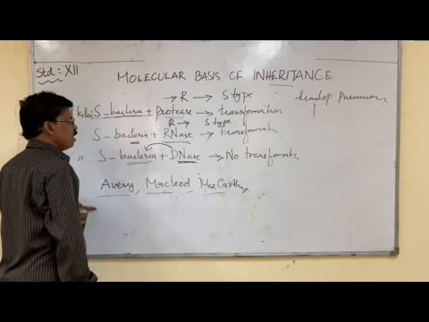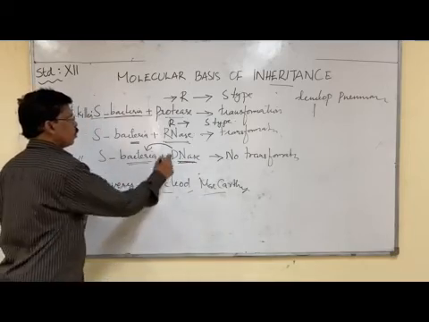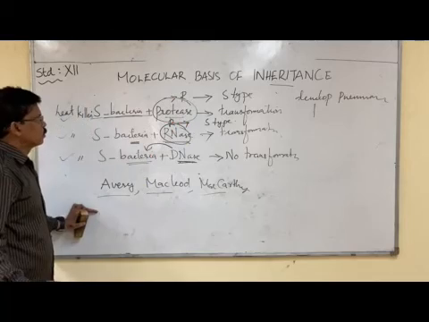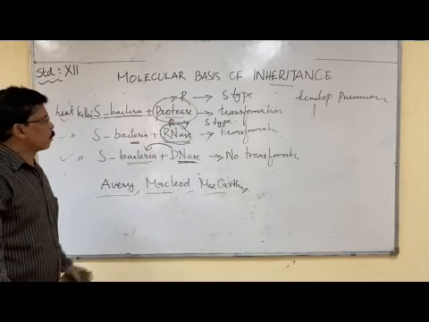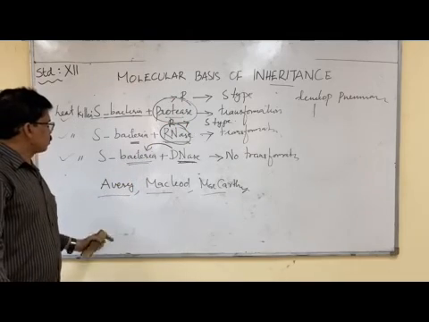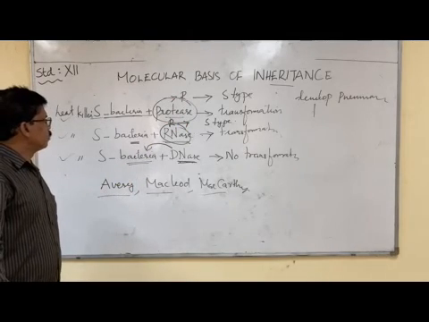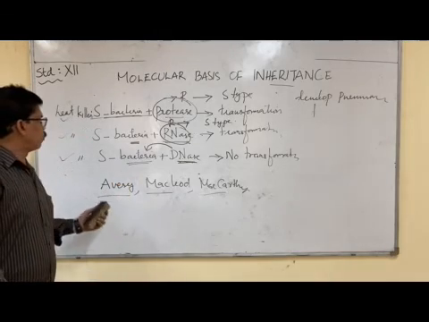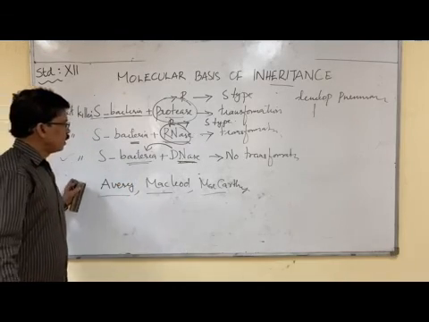It proves that DNA is the genetic material, not RNA, not proteins. So proteins and RNAs are not genetic material. The transforming principle was due only to the DNA of the heat-killed S type bacteria.